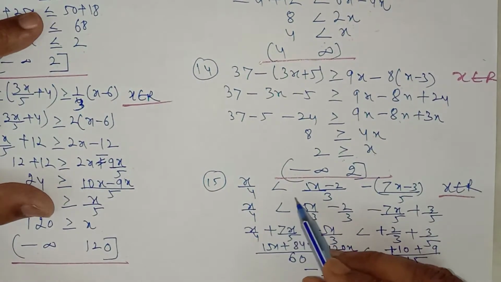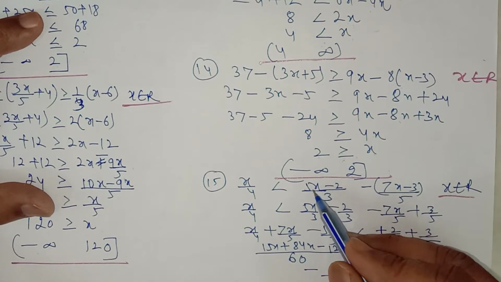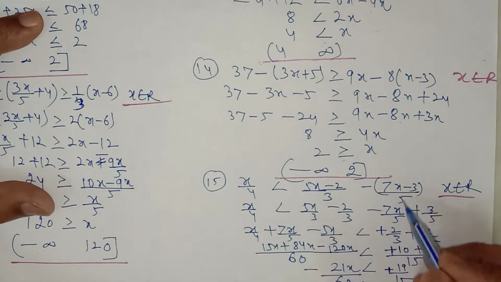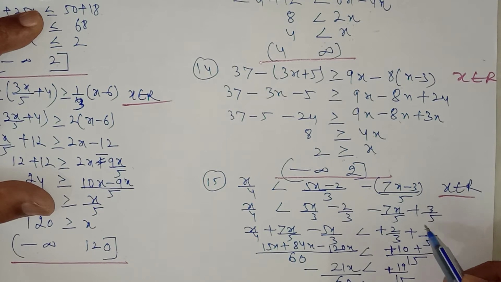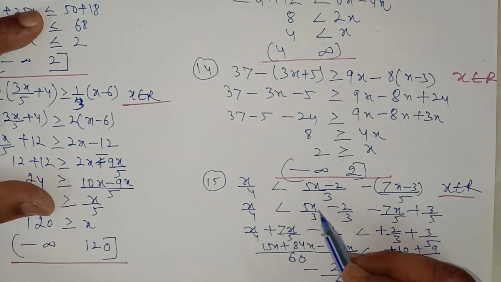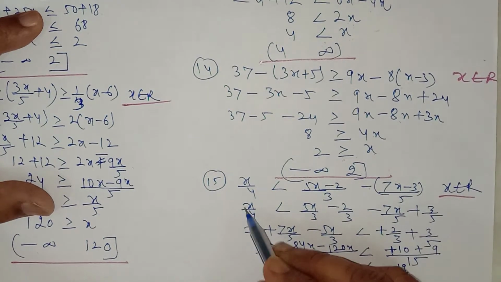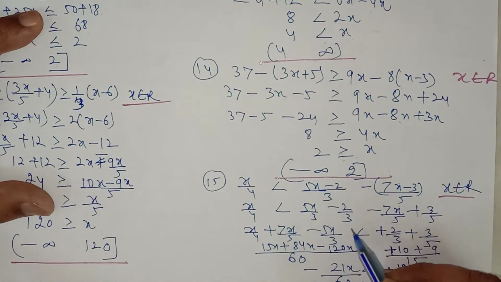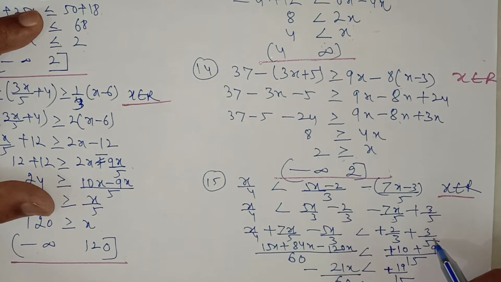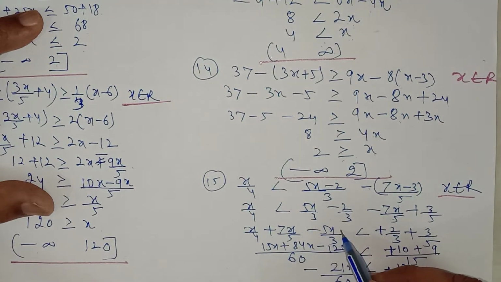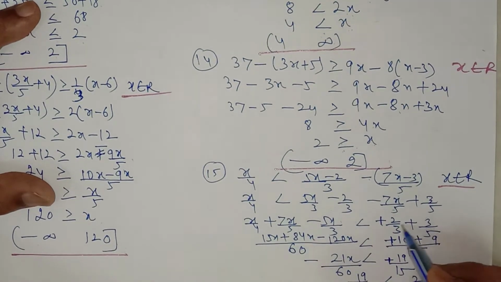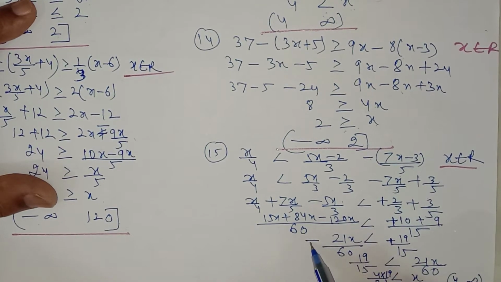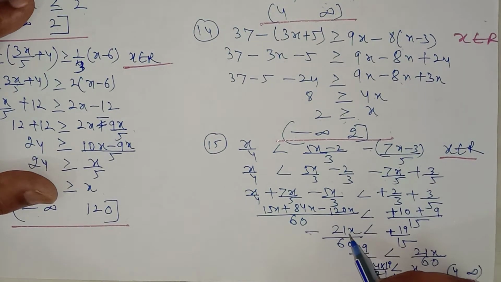Now in question number 15, simplify this. I have taken like this: 5x upon 3 minus 2 upon 3, minus 7x upon 5 plus 3 upon 5. I have taken the variables to the same side and the constants to the right hand side. x upon 4 minus 5x upon 3 plus 7x upon 5, and minus 2 upon 3 and 3 upon 5 on the right hand side. Simplify the left hand side by taking the LCM. Simplify the right hand side by taking the LCM. The negative value you are getting on the left hand side is because the variable is negative.